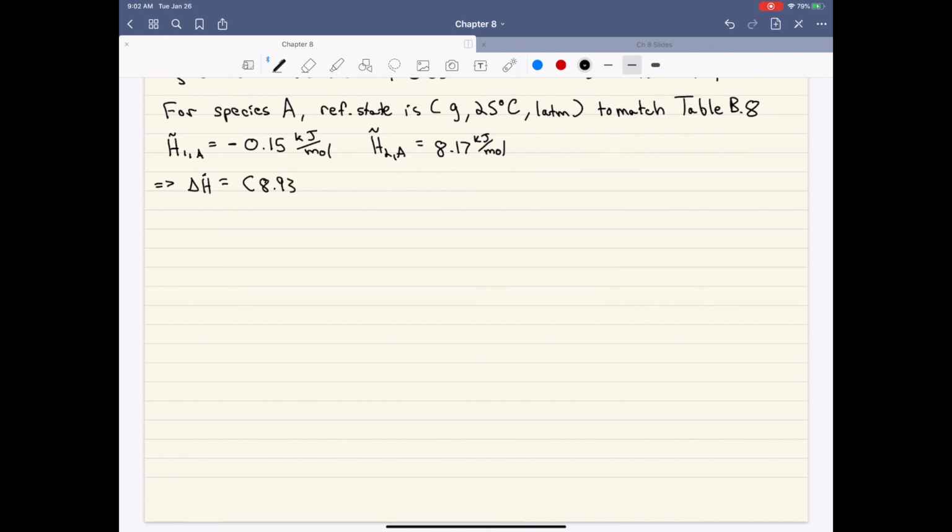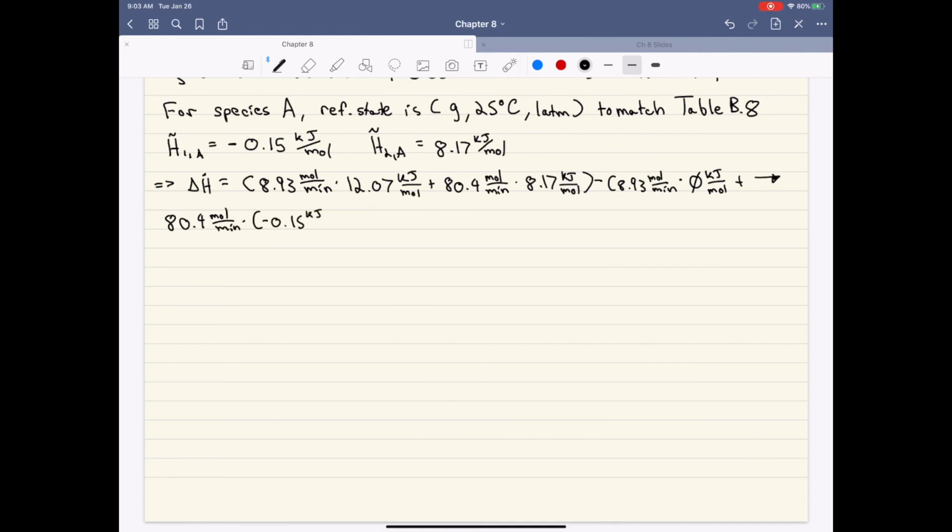So what we have is the outlet methane flow rate times its molar enthalpy, plus the molar flow rate of the outlet air times its molar enthalpy, minus, even though I said we'll cancel that out, I just want to write it for completion's sake, the methane inlet times its specific enthalpy, which, because the reference state is at the inlet conditions, is 0, and then the conditions for the inlet air as well, which is 80.4 times negative 0.15 kilojoules per mole.